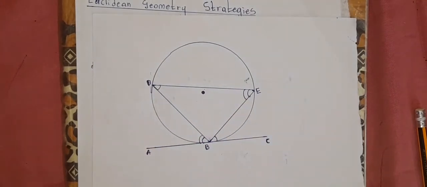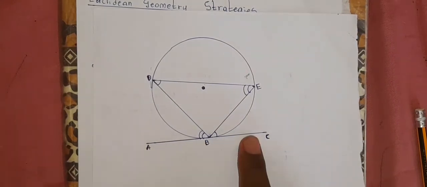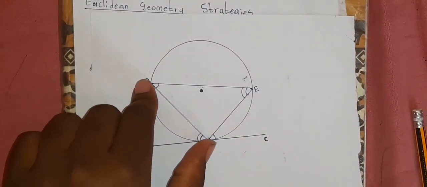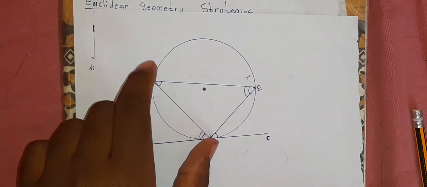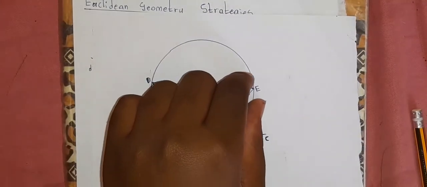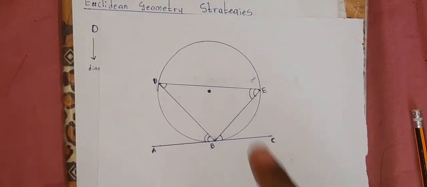Why? Another strategy to find this is when you have this tangent here, you put your two fingers on the ends of the chord. This is one end of a chord, this is another end of a chord. You make your two fingers meet. Where do they meet? Of course they meet here. Then this angle here equals this angle here.